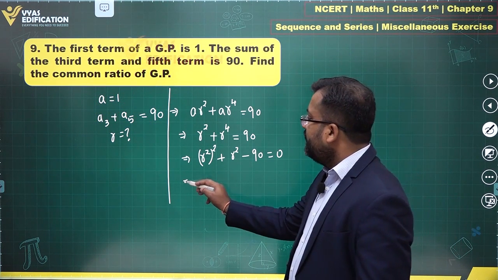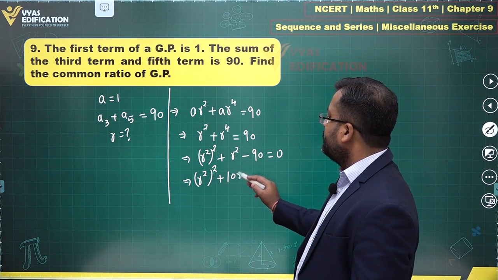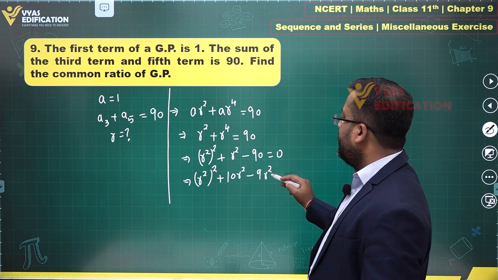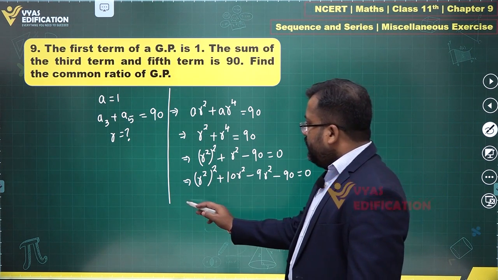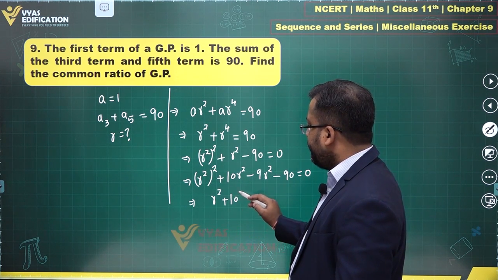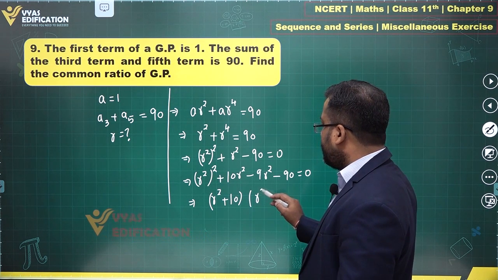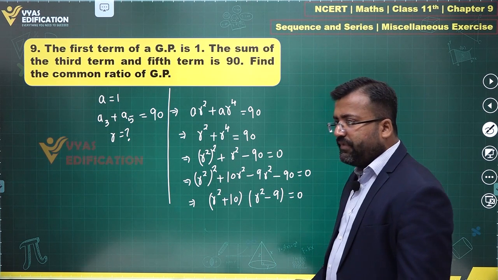So this is R power 4 plus 10 R square minus 9 R square minus 90 is equal to 0. Now do you see that I can take out R square common and what remains is R square plus 10. From here R square came out common, from here 9 with a minus comes out common. This is what you get.